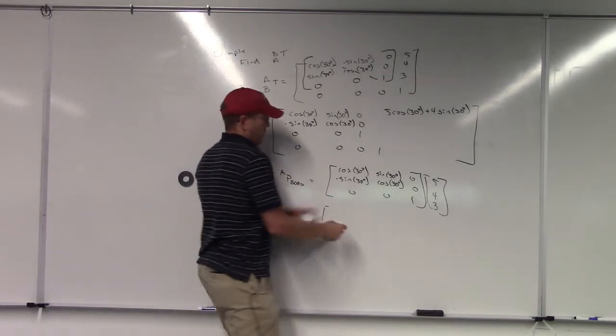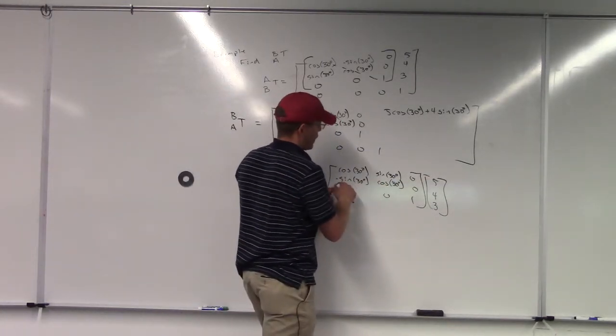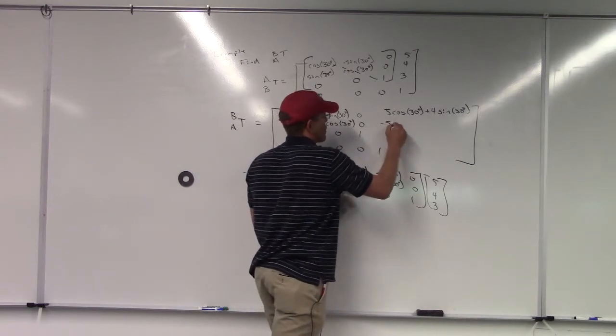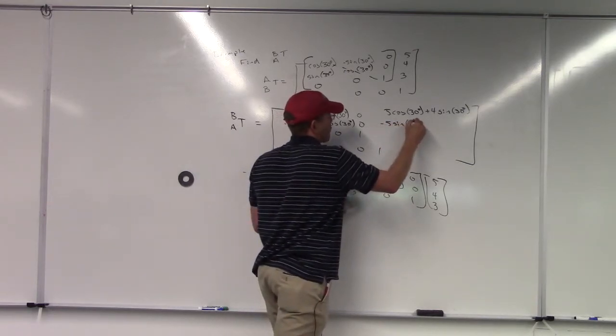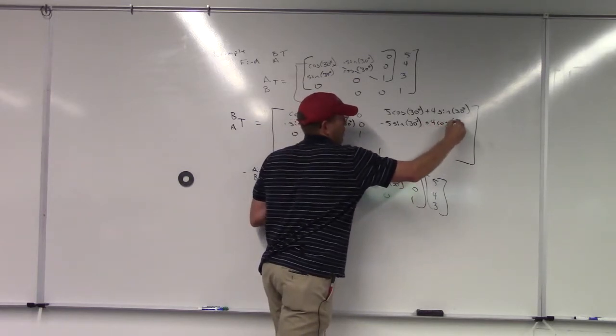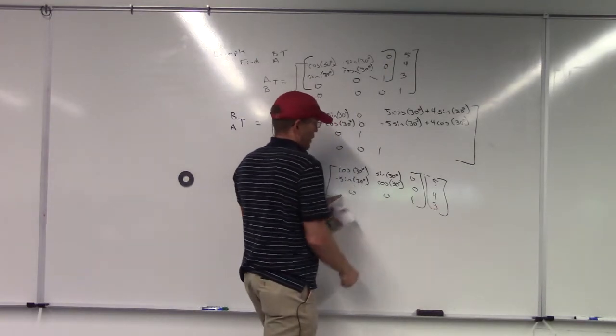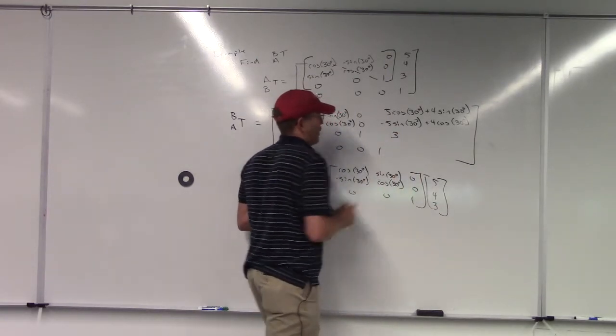And then we'll have the second row times the only column, so negative 5 sine of 30 degrees plus 4 cosine of 30 degrees plus 0, and then finally a big old fat 3.